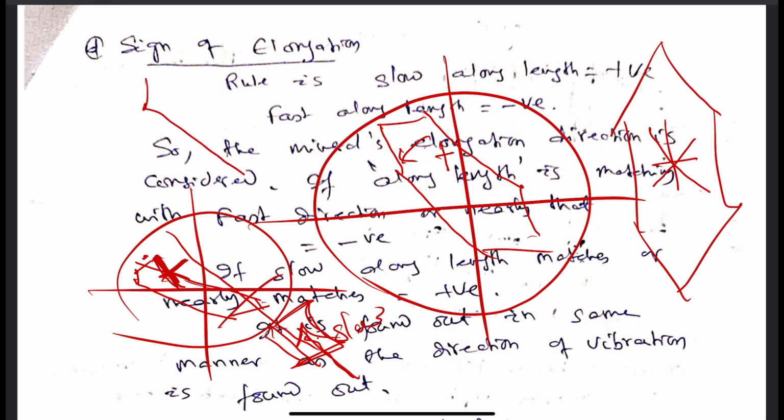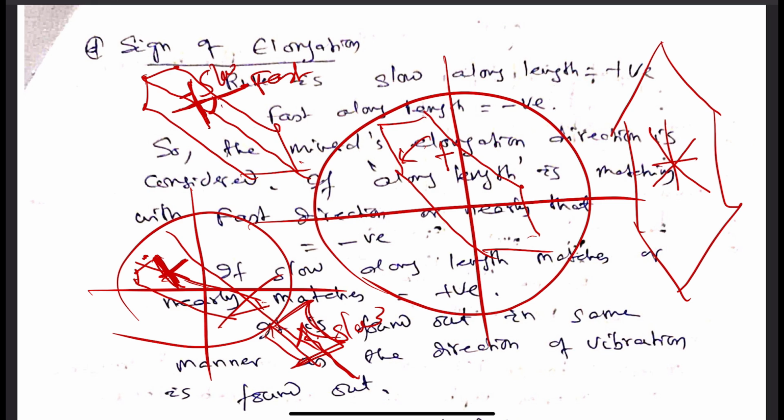So this direction is found to be slow. So this is fast. Then this is the elongation direction. So this is fast, this is slow. Whether this angle is small or this angle is small, that is being taken.